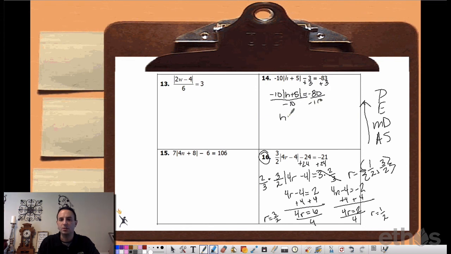So I get h plus 5 is equal to 8, and h plus 5 is equal to negative 8. Solve by subtracting 5 all the way across. h over here is equal to 3, and h over here is equal to negative 13. So I'm saying h is equal to negative 13 and 3. And that gives you your answer.